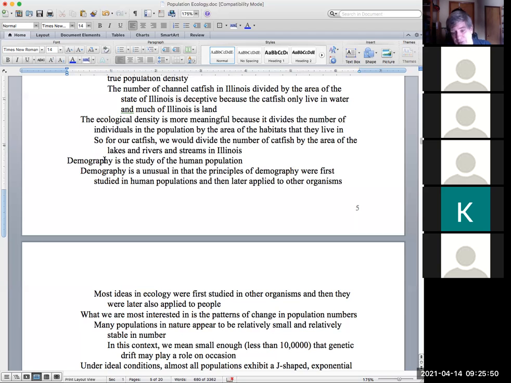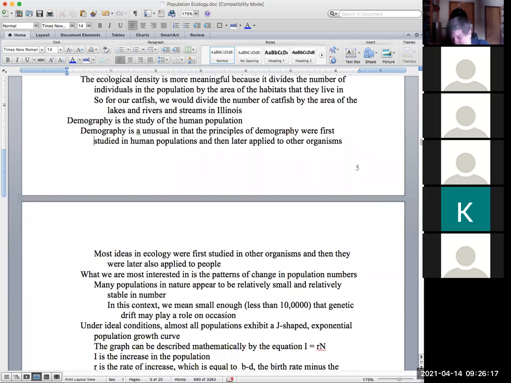He was the Reverend Thomas Malthus, and what he was worried about was that as the population increased, people seemed to treat each other worse. So he was worried that a large population was making people morally bad. So he was really the first one who started studying populations, and he really started studying them to make a religious point or an ethical point, depending on how you look at it, I suppose.